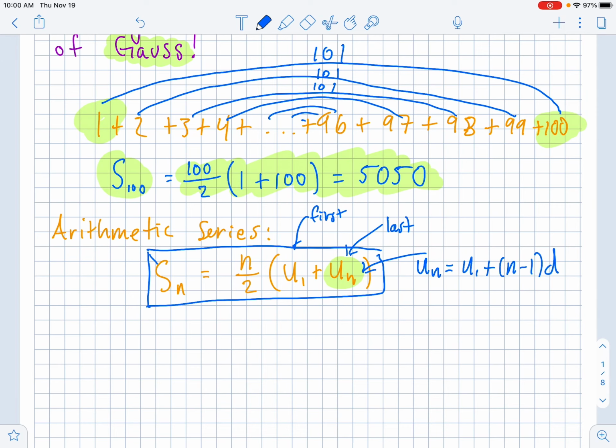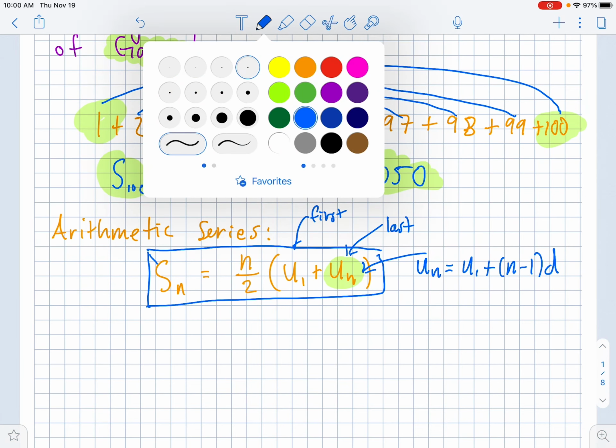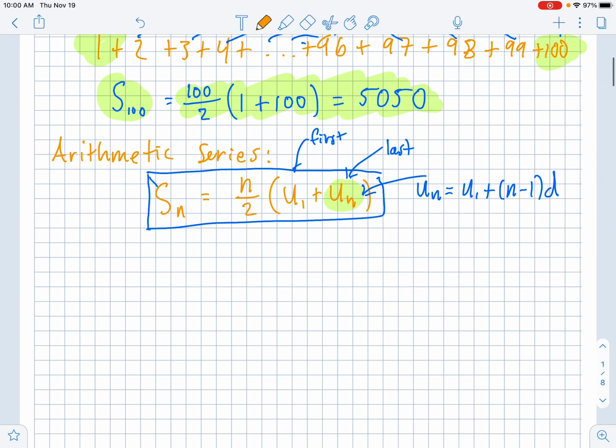So what we can do is sub that in the equation and then clean it up to find the other one. So an alternate version, still keep that n over 2, still keep that u sub 1, but then this whole part right here, we're going to replace with this whole part right here. So this becomes u sub 1 plus n minus 1 times d.